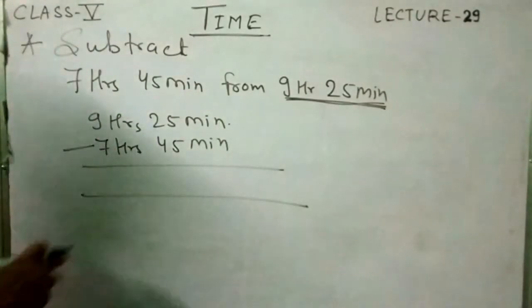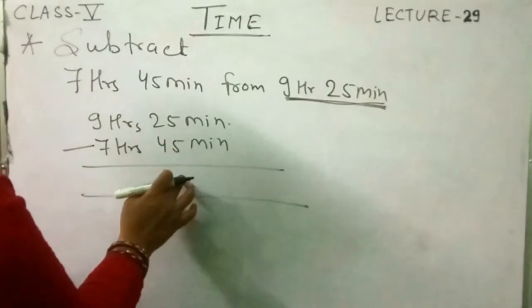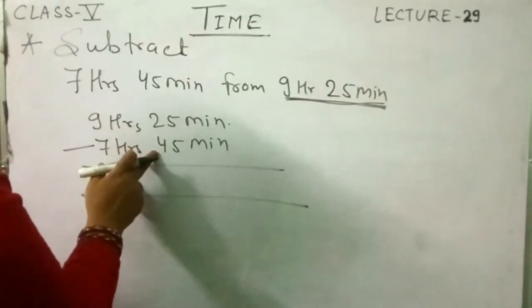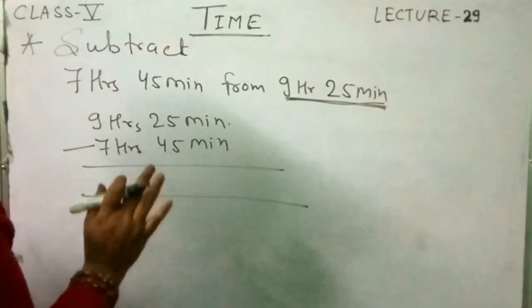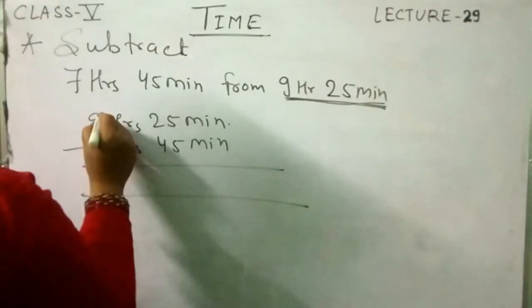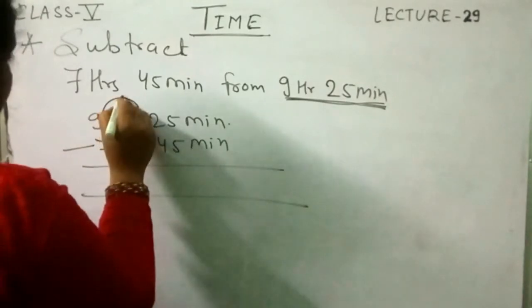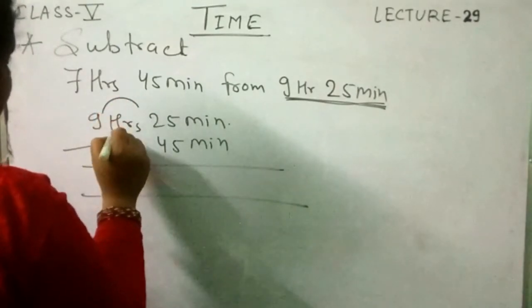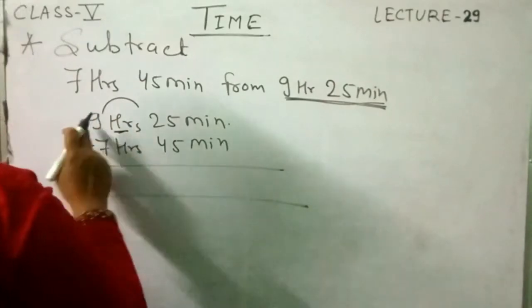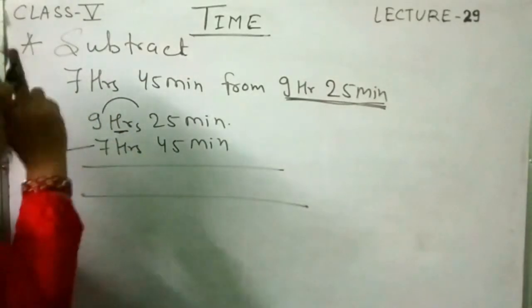Okay. See here, 5 minus 5, 0, is okay. 2 minus 4 is not possible. So what we have to do? We have to take carry from here, 1 hour. This one is the hour. So from here we will take 1 hour.